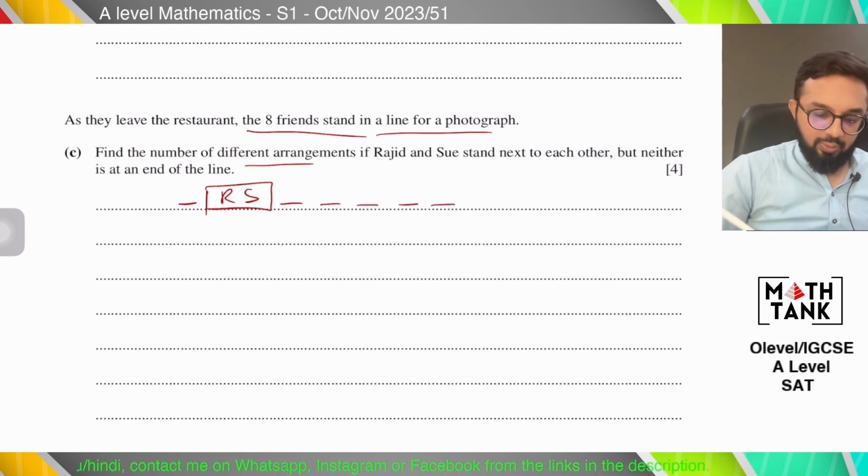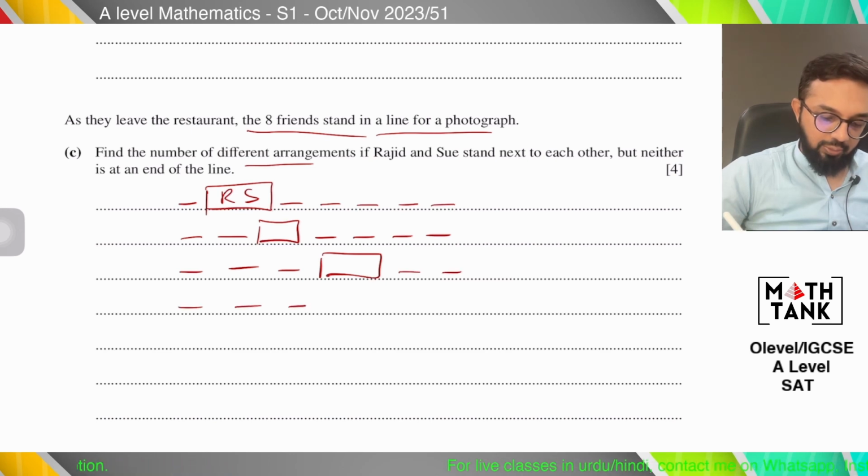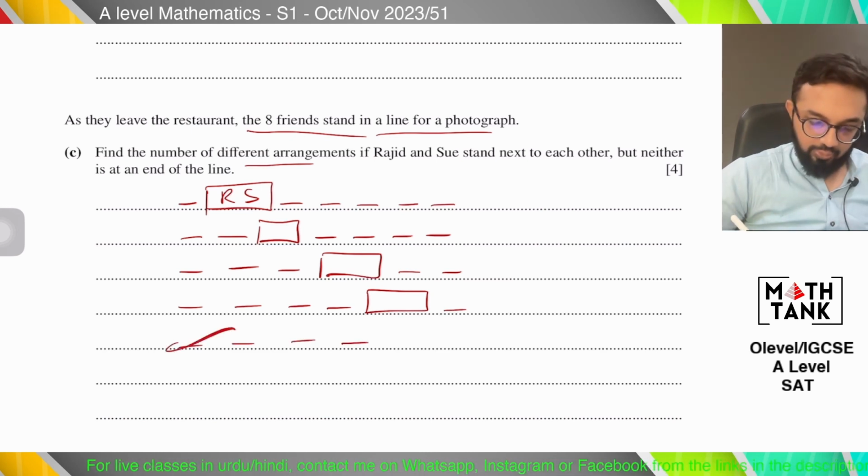Okay, so Raj and Sue could be standing here, or they could be standing here, or they could be standing here, or here. No, those are the 4 things that they could be doing.